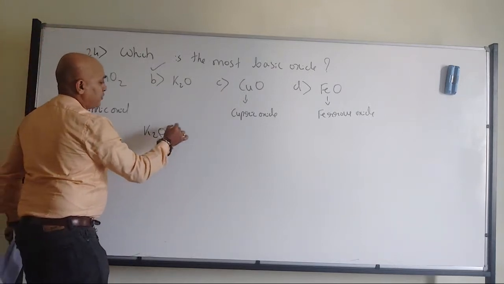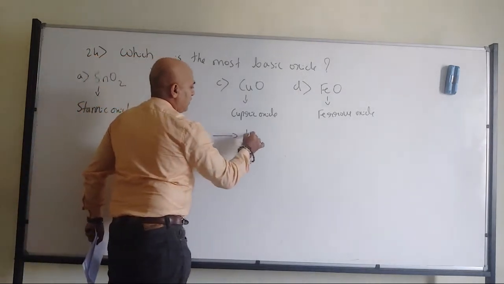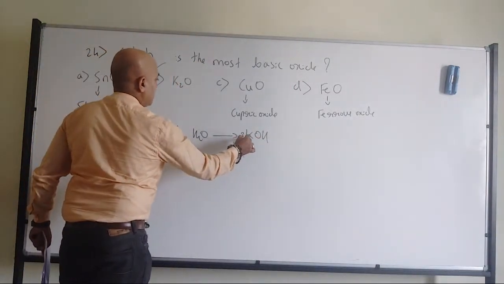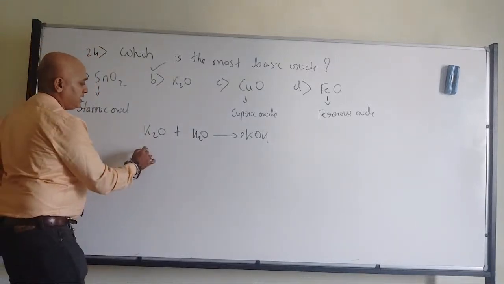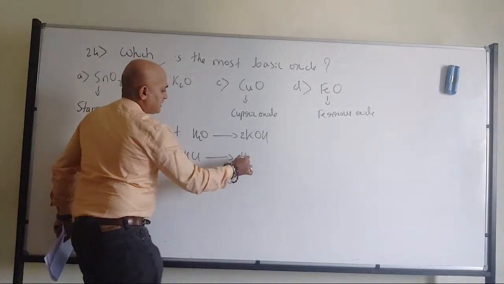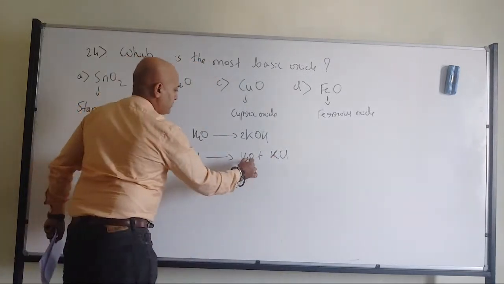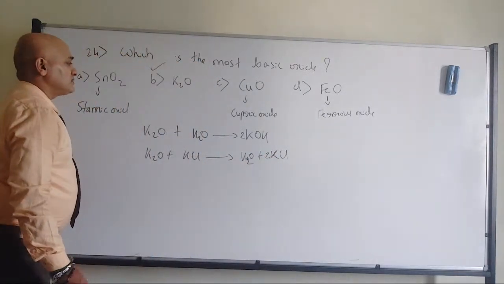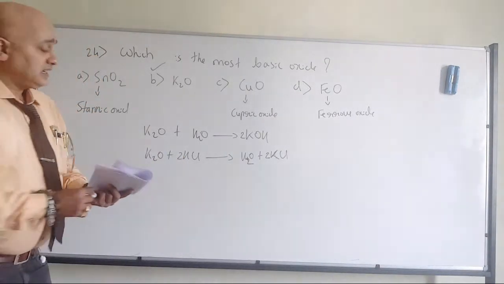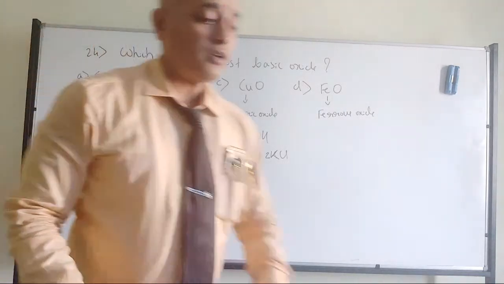If I take K2O, just like sodium oxide which we have discussed, with water it will form KOH, potassium hydroxide. Same way, if I treat K2O with HCl, it will become H2O plus KCl. That is the basic character of potassium oxide. It can neutralize HCl, and it can form potassium hydroxide.